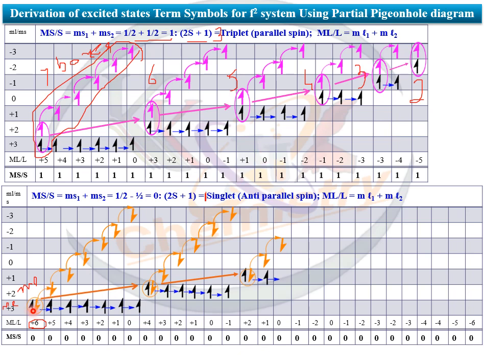For the singlet, we have set 4, set 5 from the singlet state, set 6, and the last one is set 7.